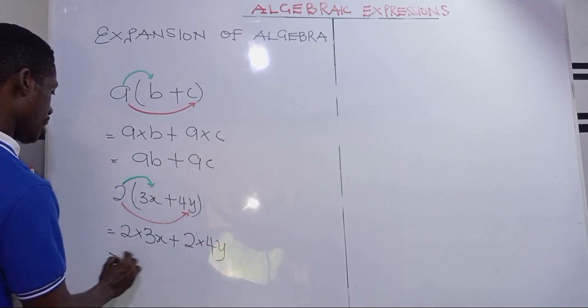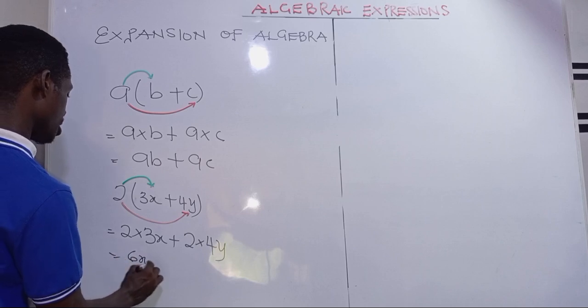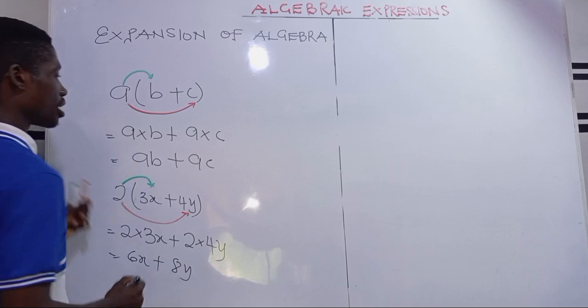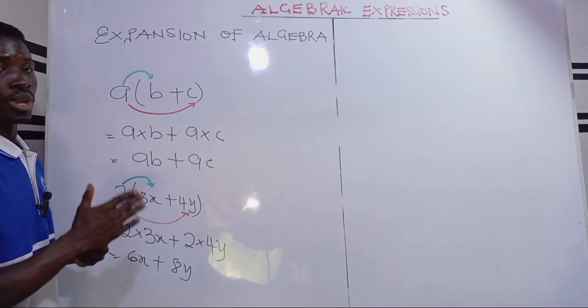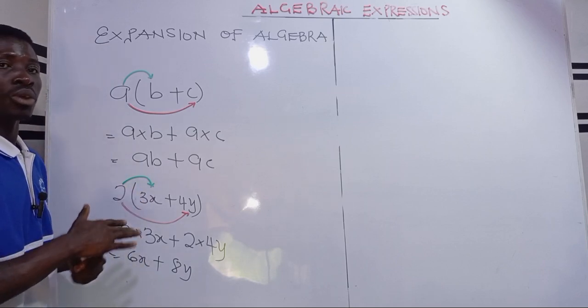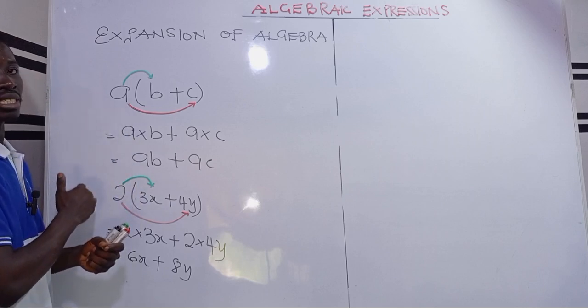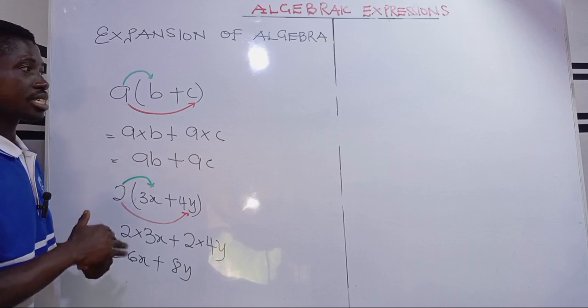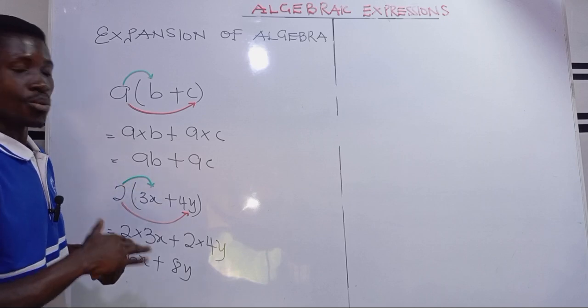So 2 times 3x will give us 6x, and then 2 times 4y will give us what? 8y. That is how we expand a bracket. We use the number outside the bracket to multiply the individual terms within the brackets. So let's take more examples and see how we can apply it.